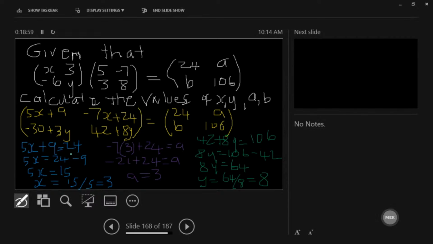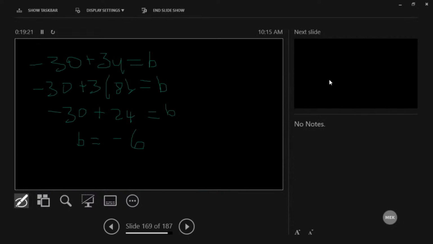So this is how the algebra comes in now. We're solving linear equations. 5x plus 9 is equal to 24. Therefore, 5x is equal to 15. And 15 divided by 5 is 3, and so on. So down here is just basic algebra, solving algebraic equations. And this is the last one.